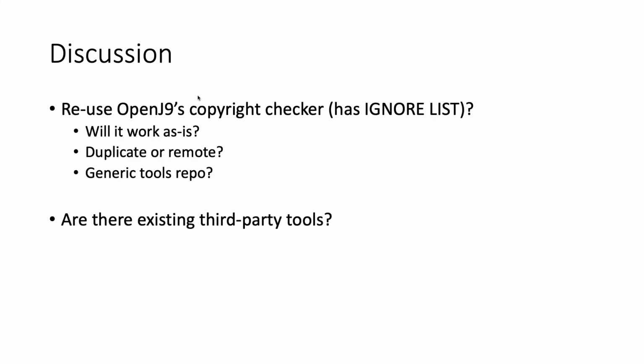Because OpenJ9, which is a downstream project and which consumes OMR, has an existing copyright checker, and it also has an ignore list, which can allow us to ignore copyright checks for a certain list of files. Or do we want to look into other third-party tools in order to support such a feature for OMR?